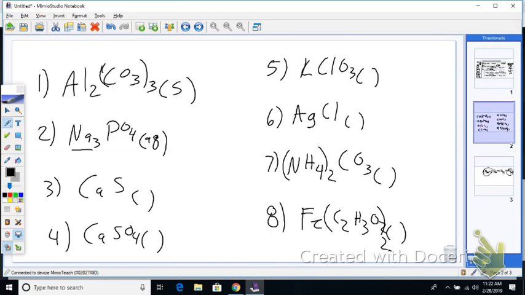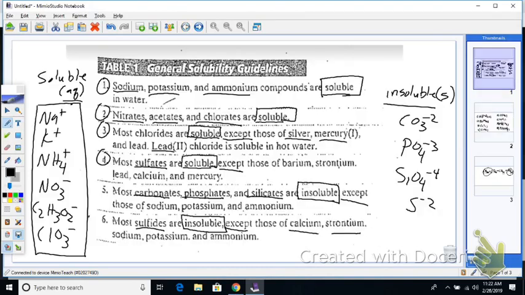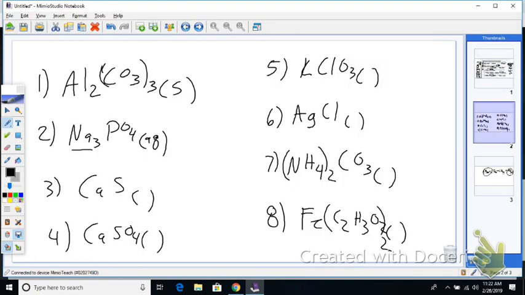First 2. CaS. We look at the last rule. Sulfides are insoluble, except if they're with calcium. So it's soluble. It's AQ. I know. But you got to see those exceptions. If you don't, and you have to do it, so that would be aqueous. How about CaSO4?